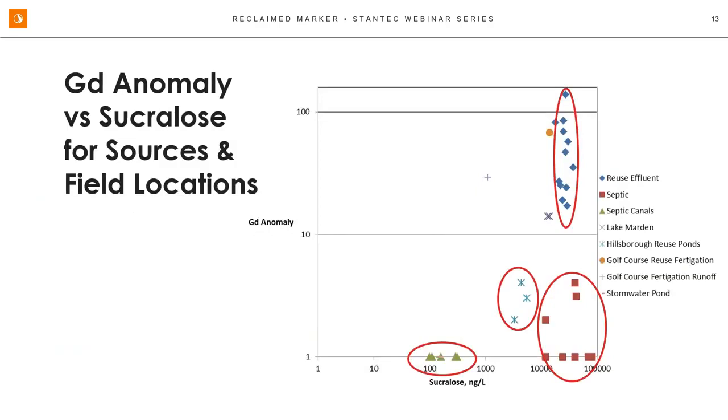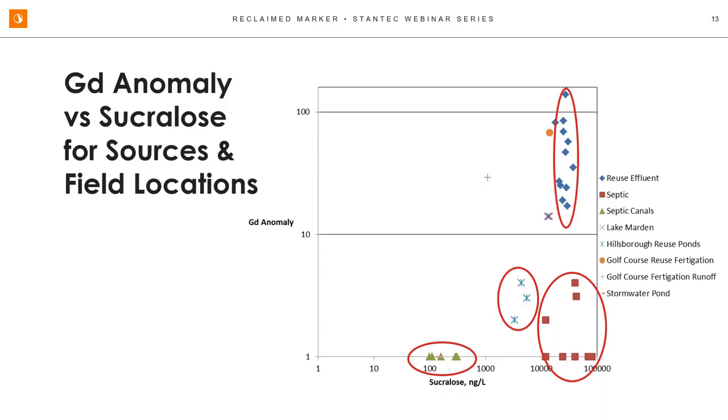And what we did notice is that when we consider gadolinium anomaly versus sucralose for sources and field locations, it was able to effectively label different types of samples.